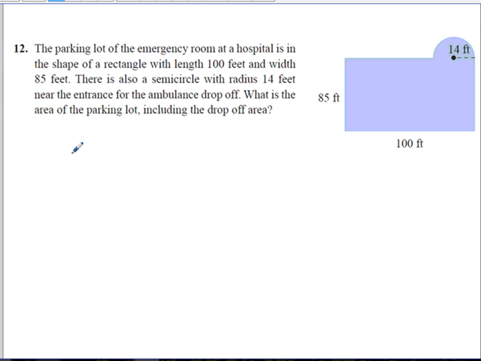So the total area, we're going to have to add the two numbers together. Don't forget, since it is half a circle, we'll have to use 1/2 in the formula. So the area of our rectangle, we have 85 times 100, or 100 times 85, either way if you want to put it.